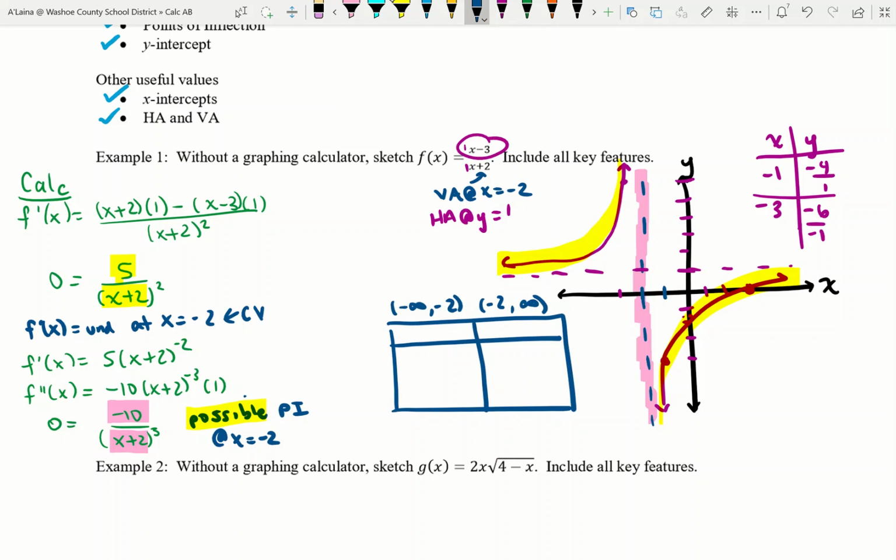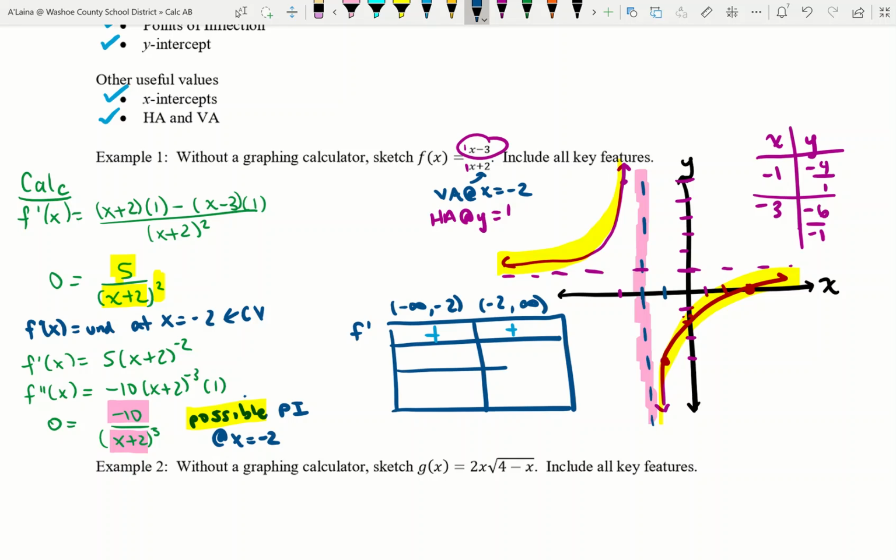Well, if I look at my first derivative over my intervals that are split up by my critical value, and I'm going to split up at that possible point of inflection, in this case, they happen to be the same. Basically, what ends up happening is that I get a +5 divided by something positive. And no matter what happens, I'm always going to get a positive output for the first derivative.